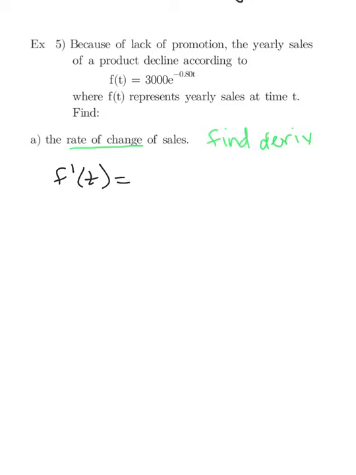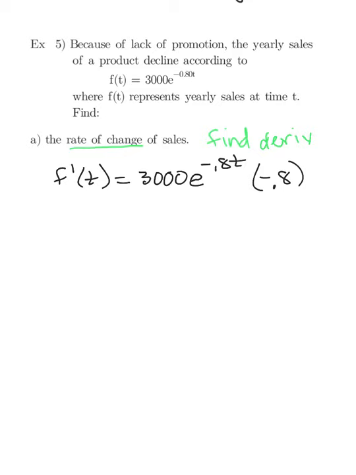We need to do the derivative of f. We start out with a coefficient, so we're going to keep the coefficient. Now we need to do the derivative of an e, so we're going to keep the e as is, negative 0.8t, times the derivative of the power, which is negative 0.8.